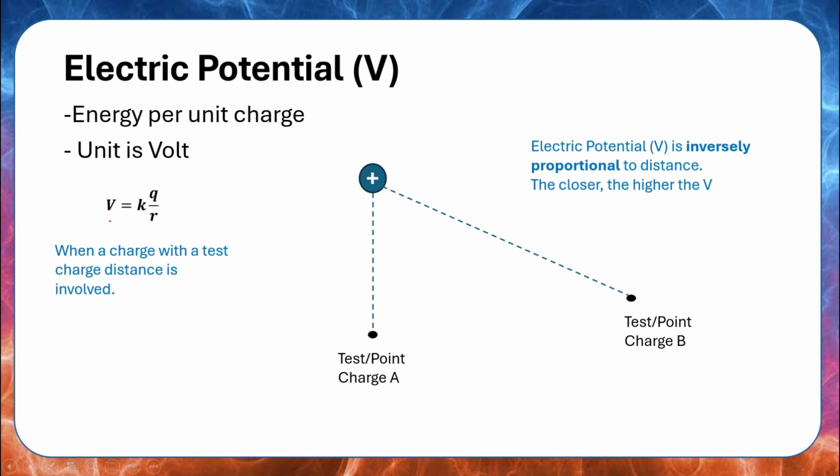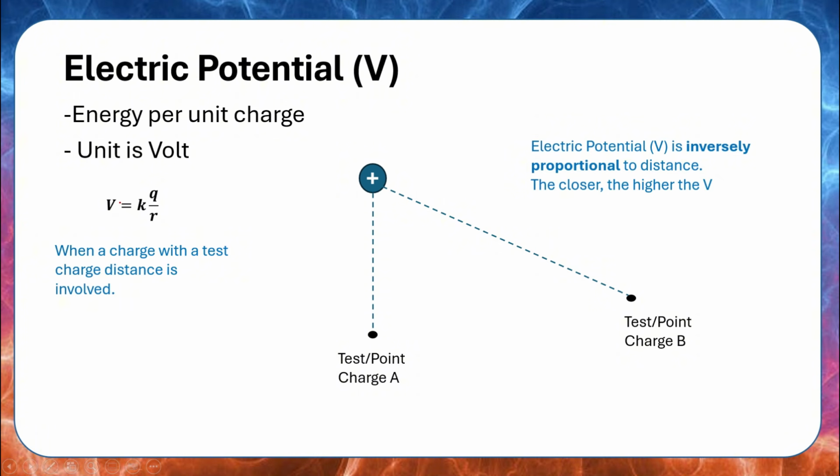Now here, since it is now a test charge and a charge, for example here we have test charge A and test charge B. Electric potential, which is the V, is inversely proportional to distance because the r is in the denominator and the V is in the numerator. V is automatically over 1.